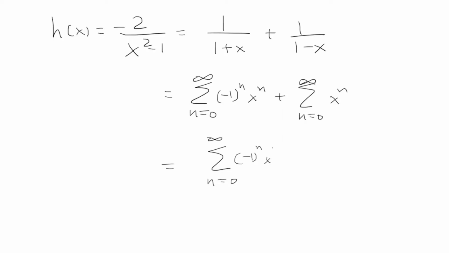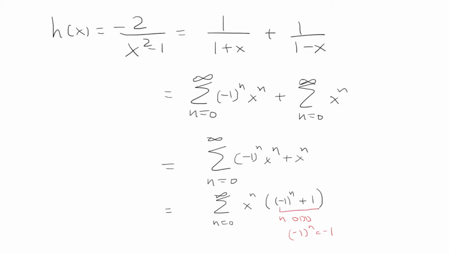So we have negative 1 to the n times x to the n plus x to the n. And now we can factor out the x to the n, and we'll get negative 1 to the n plus 1. Now, here we have to notice that when n is odd, negative 1 to the n is negative 1.